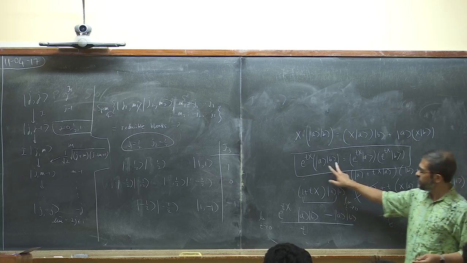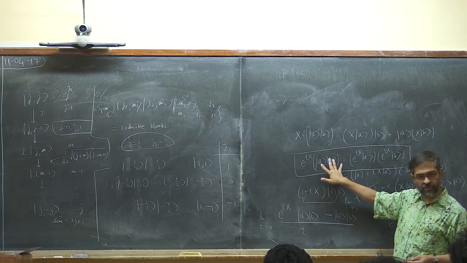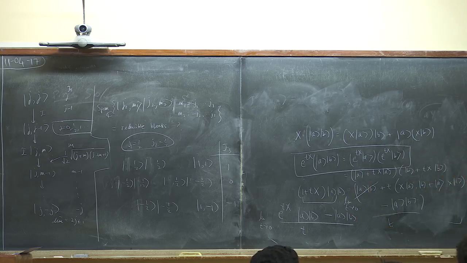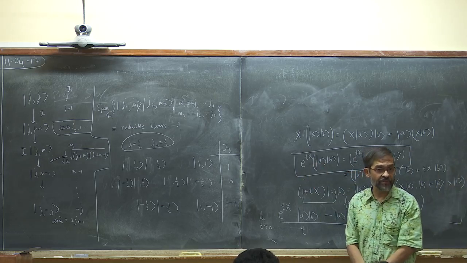So this is a four-dimensional object now. And e to the power tx acting on a four-dimensional object will give you a four-dimensional object. What is the dimension of e to the power tx here? Representation-wise, it's a 4x4 matrix.